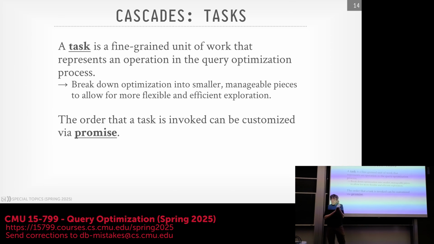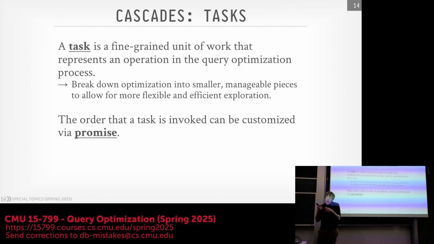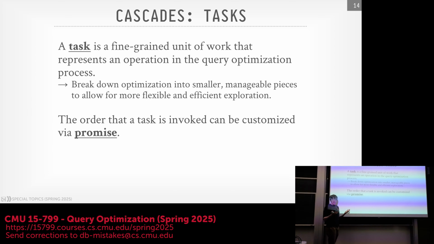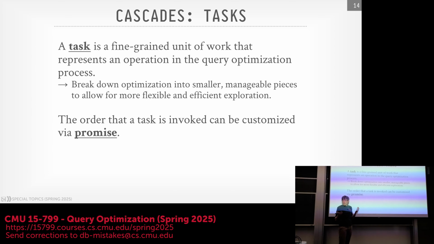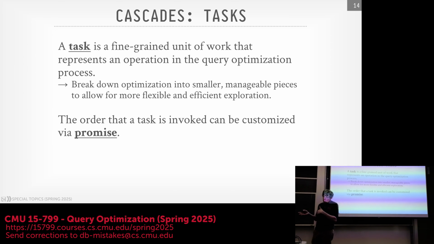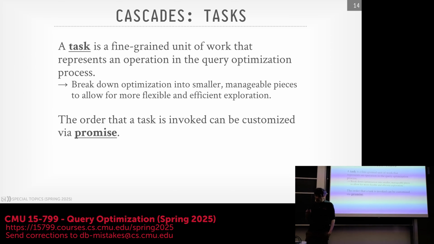But the calculation itself is not directly tied to the cost function. When you're doing logical optimizations, there may not be any cost in the very beginning, because you haven't figured out how you're going to scan a table, for example. So there is no notion of a cost for a logical operator, but you need a promise to figure out what could be a good decision to make.